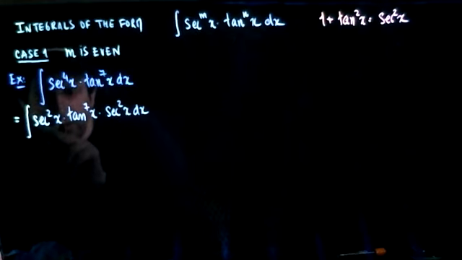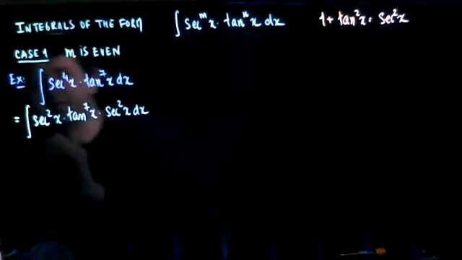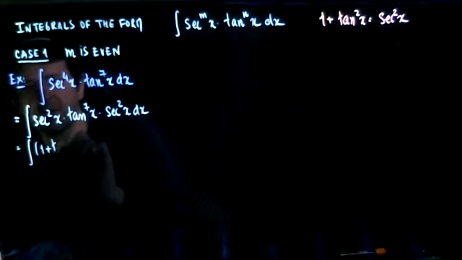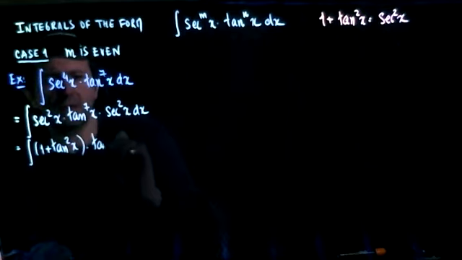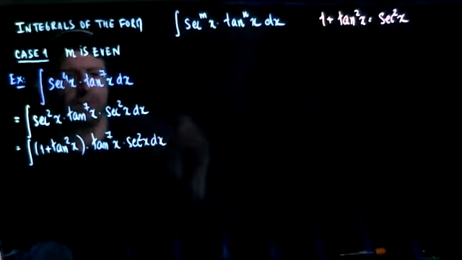Then secant squared, I just wrote it here, secant squared is 1 plus tangent squared. So this is the integral of 1 plus tangent squared x times tangent 7x times secant squared x dx.